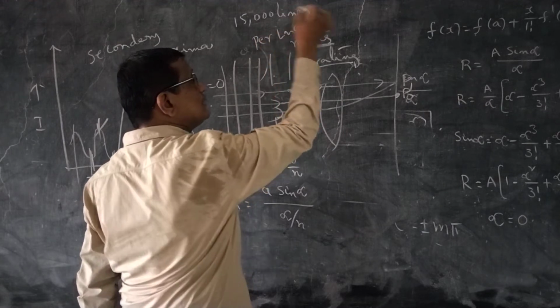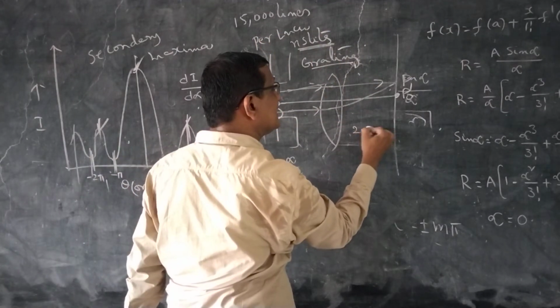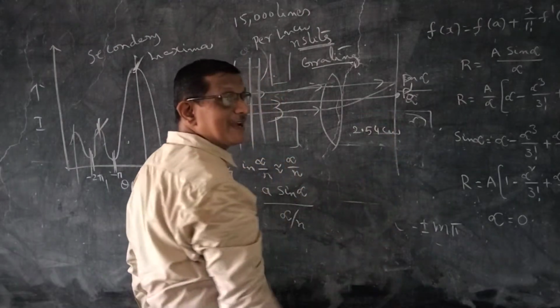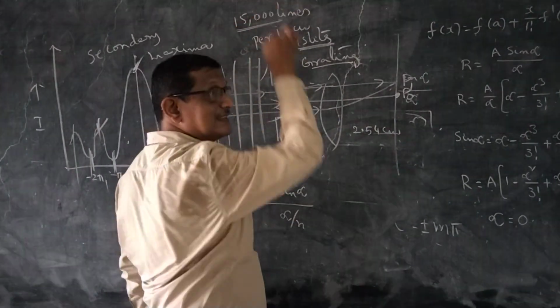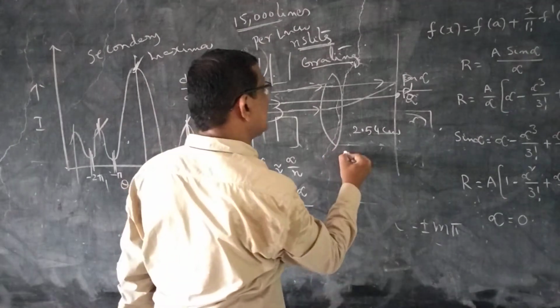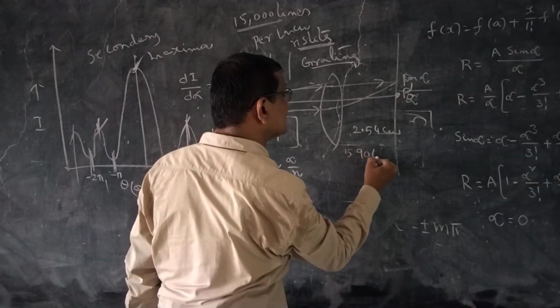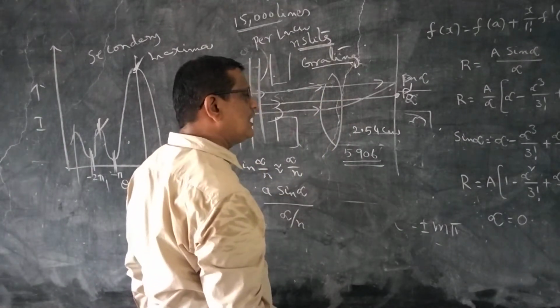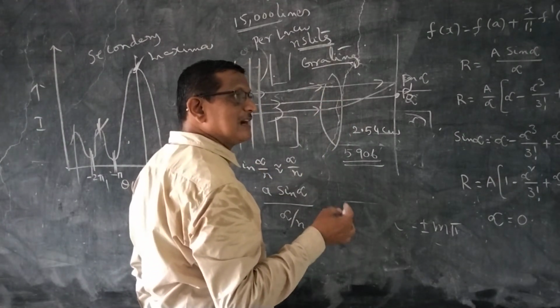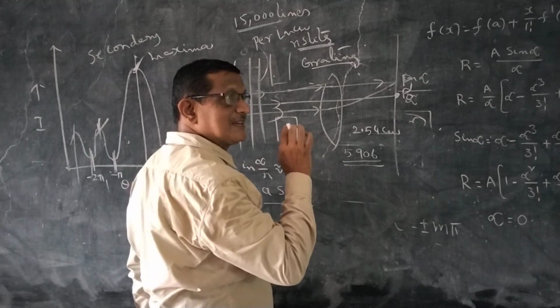An inch means 2.54 centimeters. In 2.54 centimeters there are 15,000 lines, that means in 1 centimeter there are about 5906 lines. That's why, with such a large number of lines, you cannot observe the lines; you can observe a surface.